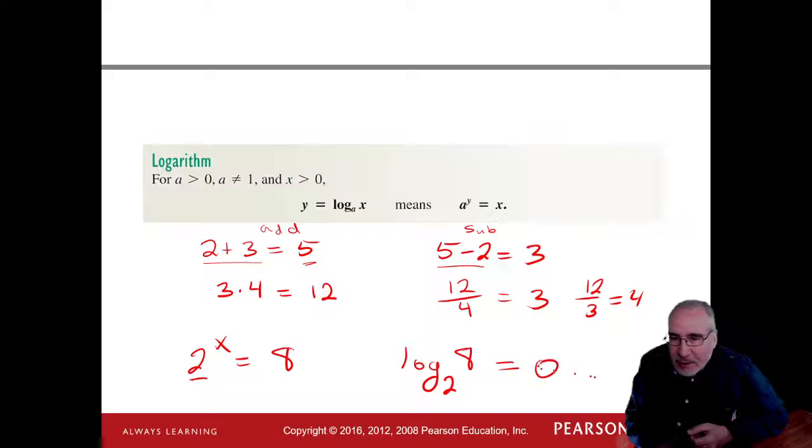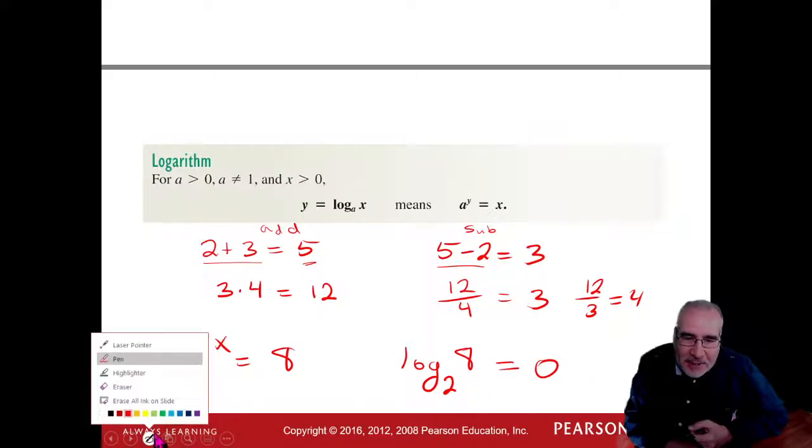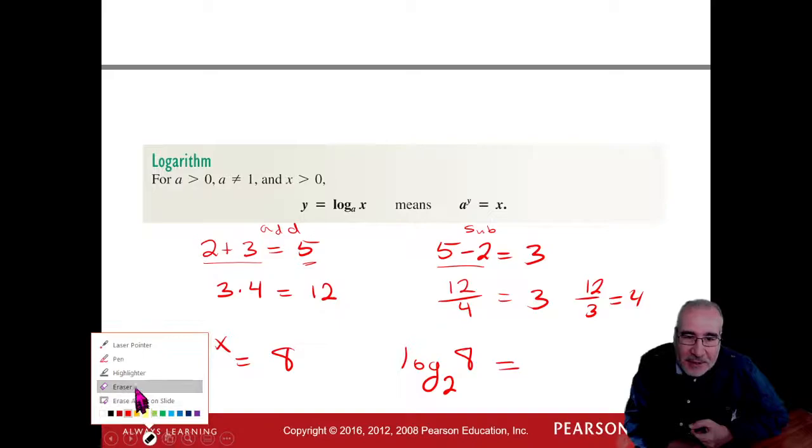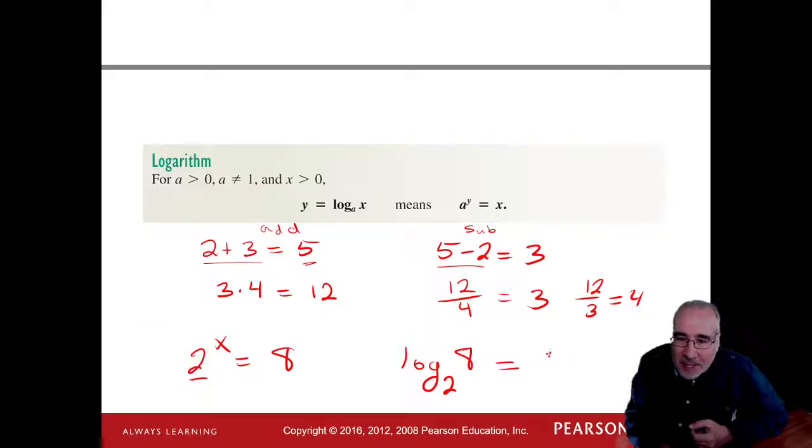Sometimes it just happens. Okay, so notice three players are 2 and x. Those are on the same side. They come over here. So it's what I call the log dance. So up here they show us a to the y equals x. So log base a.